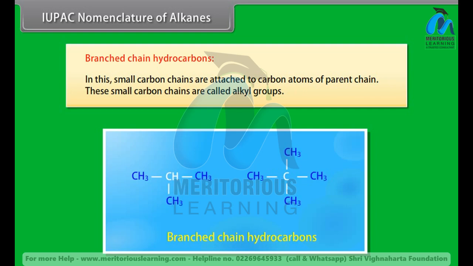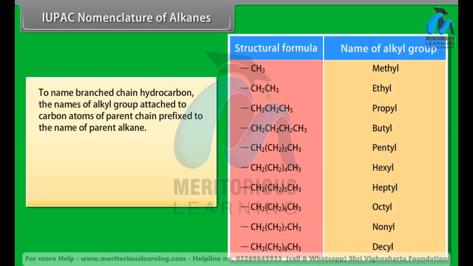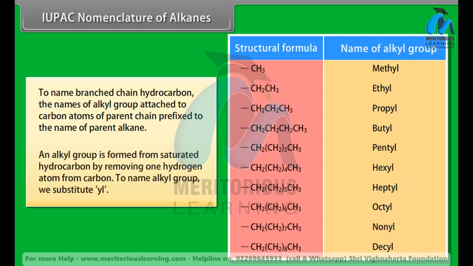These small carbon chains are called alkyl groups. To name a branched chain hydrocarbon, the names of the alkyl groups attached to carbon atoms of the parent chain are prefixed to the name of the parent alkane. An alkyl group is formed from a saturated hydrocarbon by removing one hydrogen atom from a carbon.